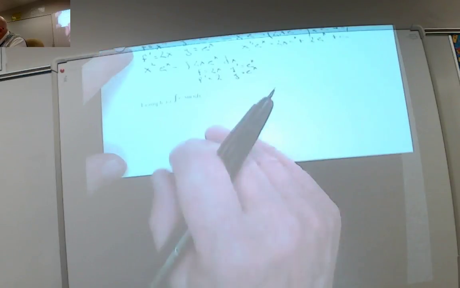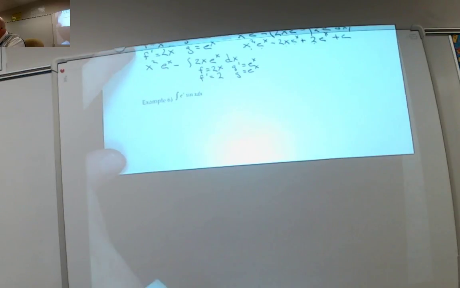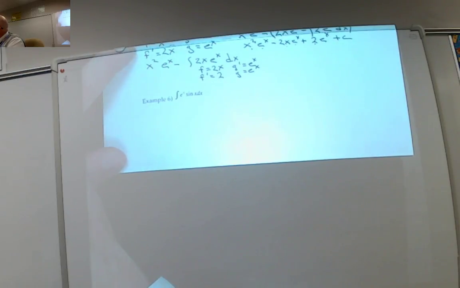Jack, what do you know about e to the x and the sine of x? What do they have similar? Pardon? What don't they do? Not sure? Raymond, what can you tell me about e to the x and the sine of x?